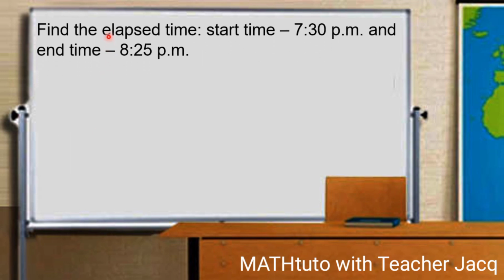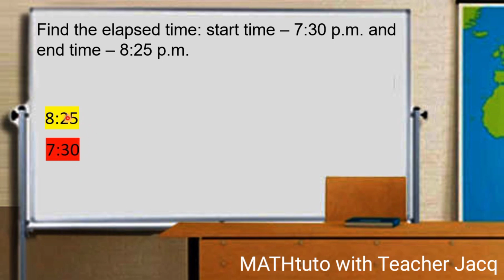Let's have our next example. Find the elapsed time. So we have start time 7:30 p.m. and end time 8:25 p.m. Okay, so we will write first the end time, which is 8:25, and then dun sa ilalim yung start time, yung 7:30.